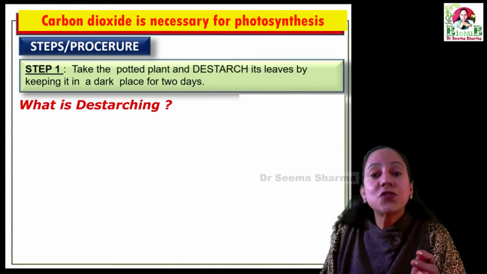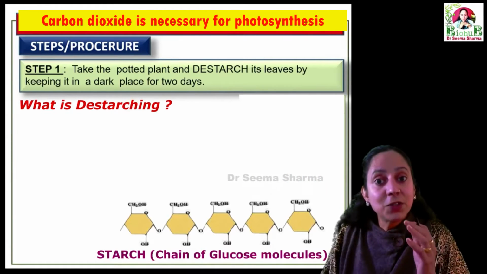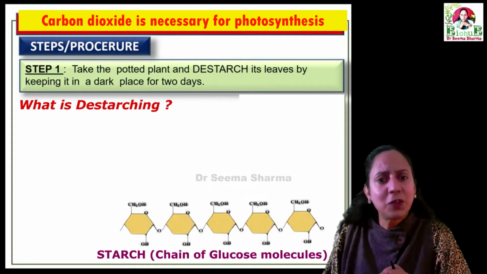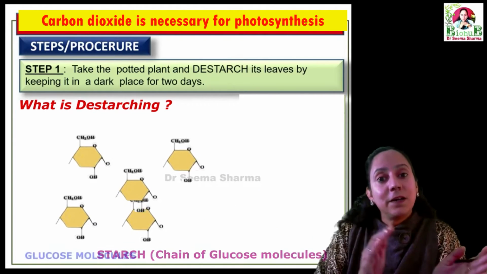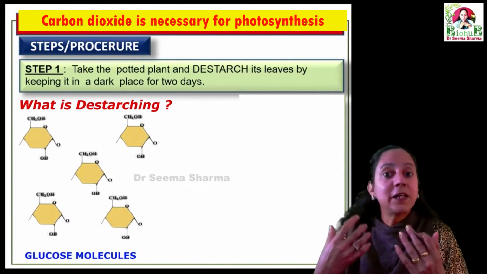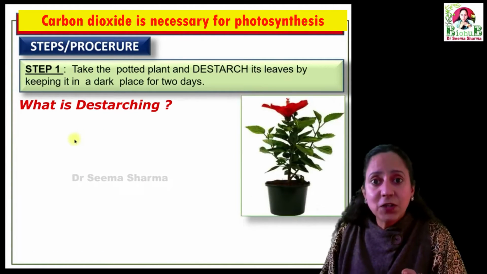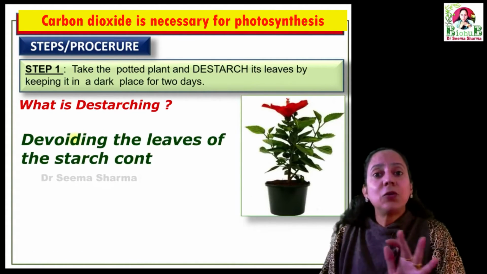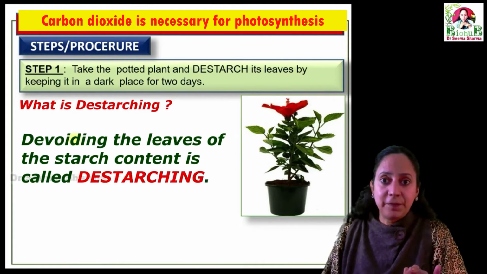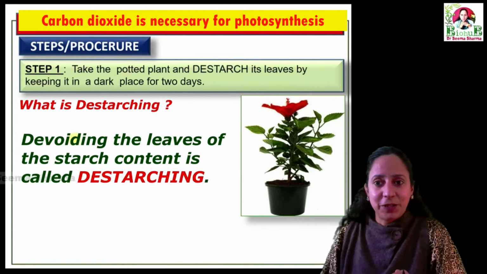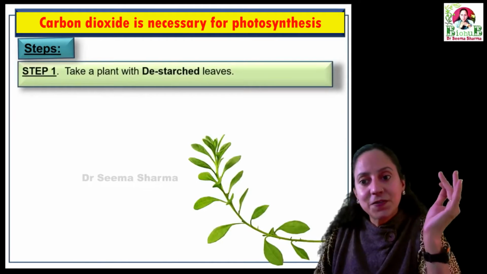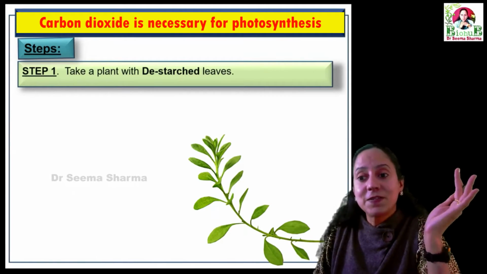During that time, the stored starch, which was meant to transport to different parts, will be reconverted into glucose and it will be utilized by the plant for its basic requirements. So after 2 days, these leaves will not have any starch in them. So this is de-starching. Now you know what is the meaning of plant with the de-starched leaves.